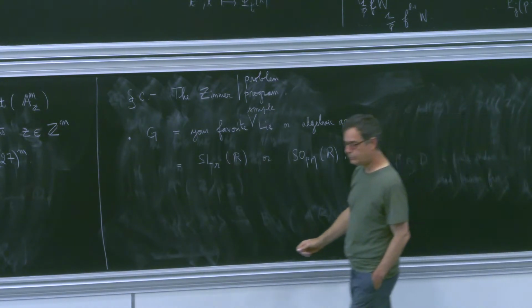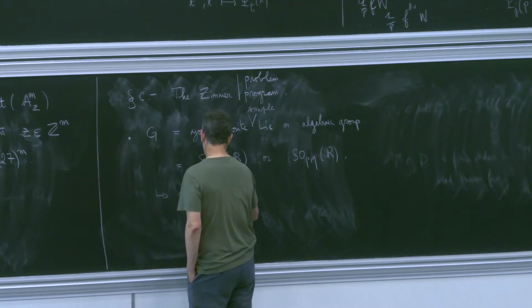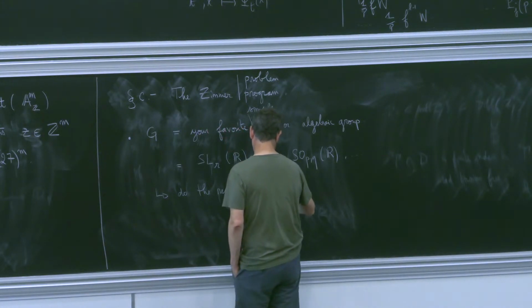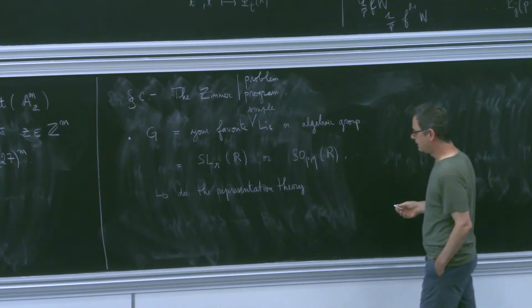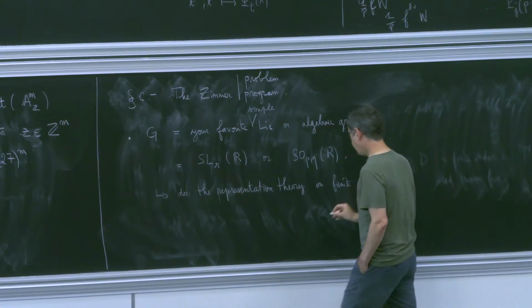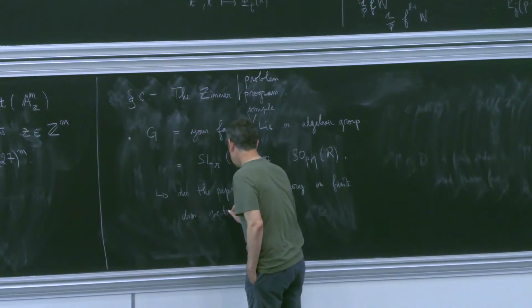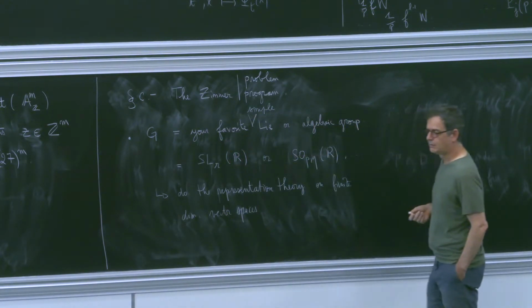And then you do the following thing. You do the representation theory of G in finite dimensional vector spaces. Okay.